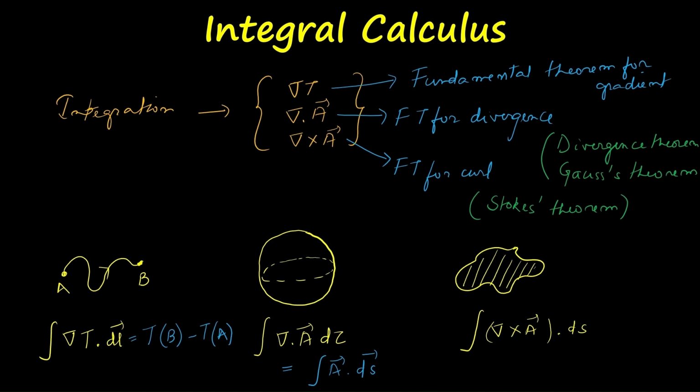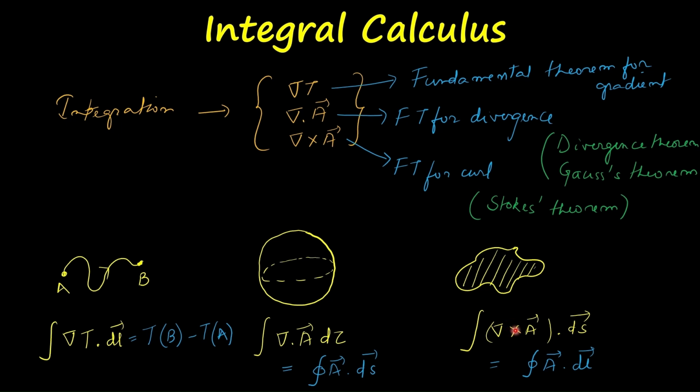And for the third case, the answer is the line integral of the vector along the boundary. By the way, this is a closed surface, and this is a closed path. In the third example also, the surface integral, one vector symbol should be there.